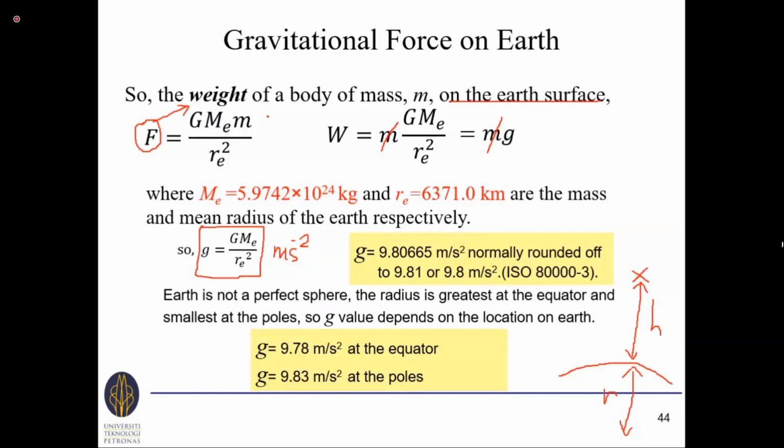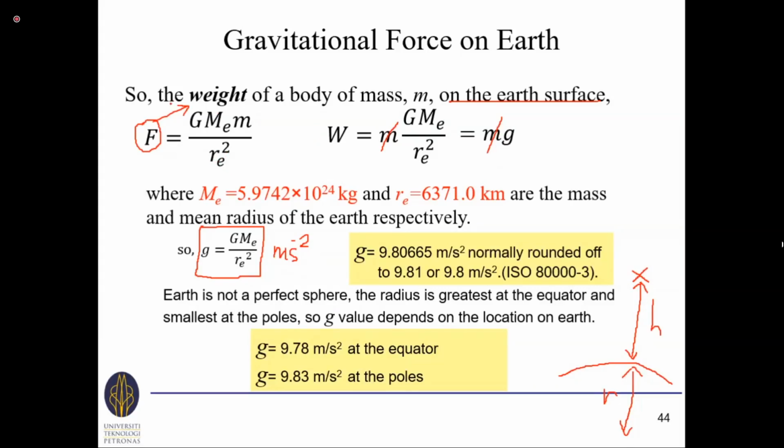If we are talking about a body of mass m on the surface of the earth, that means we are talking about two objects, the object and the earth itself. One mass will be the earth, the other mass will be the object itself. Since the body is on the surface of the earth and the distance is measured to the core of the earth, the radius will be the radius of the earth.